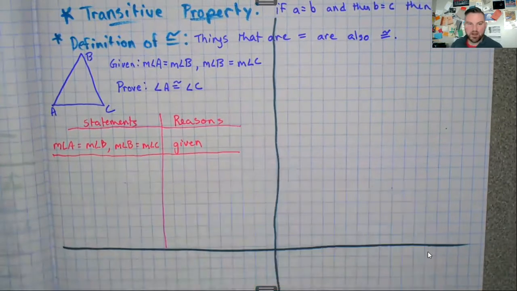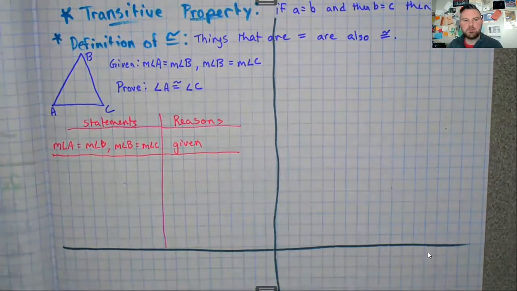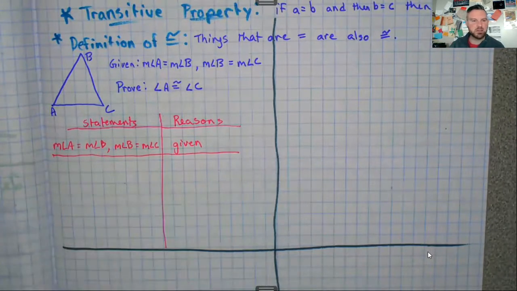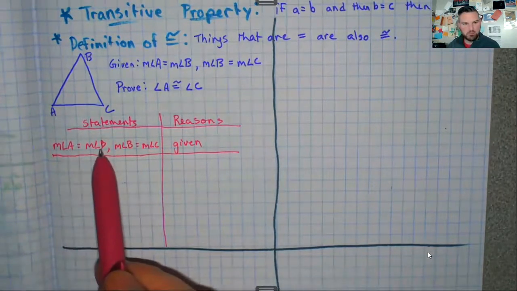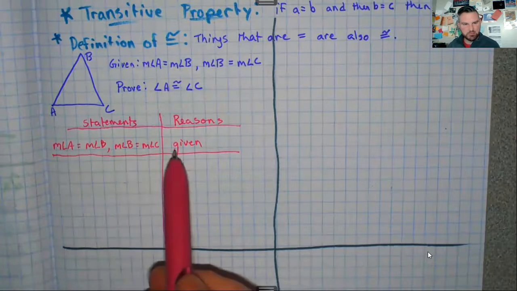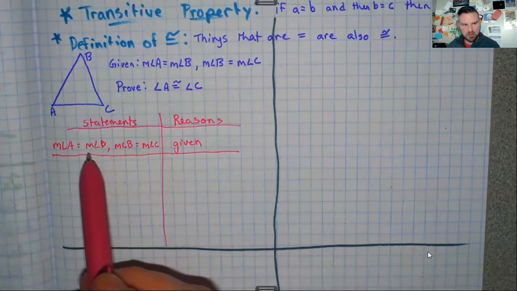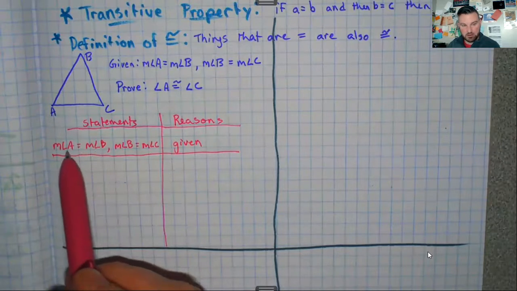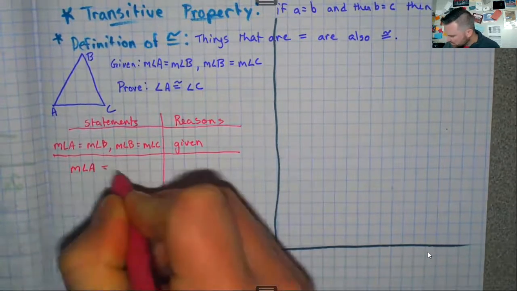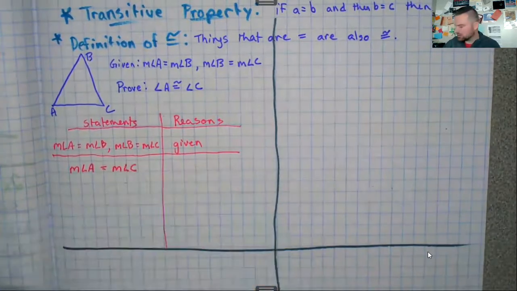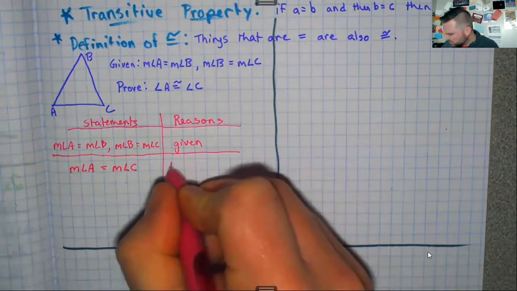That was provided to us. Now, the next statements or reasons we have to think about, hopefully they're intuitive enough that you kind of know. A is the same as B, and B is the same as C. So we can say here that the measure of angle A equals the measure of angle C. We just kind of talked about that. That was the transitive property.